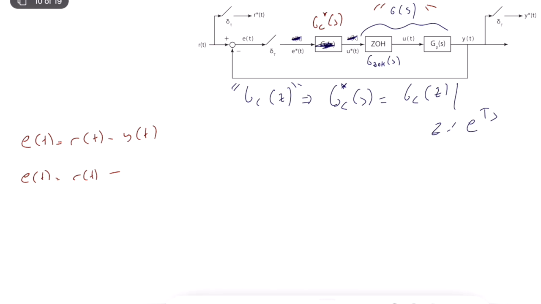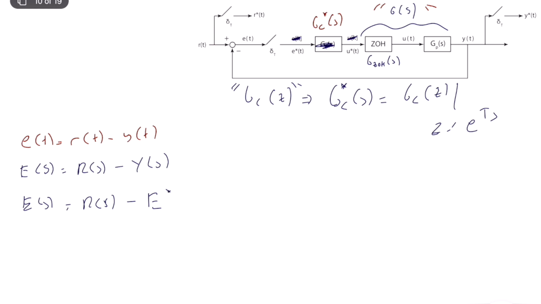Let's first transfer everything to the Laplace domain. E(s) equals R(s) minus Y(s). So E(s) is equal to R(s) minus, instead of Y(s), I can use E star of s times Gc star of s times G(s), which is equal to Y(s). This is good.